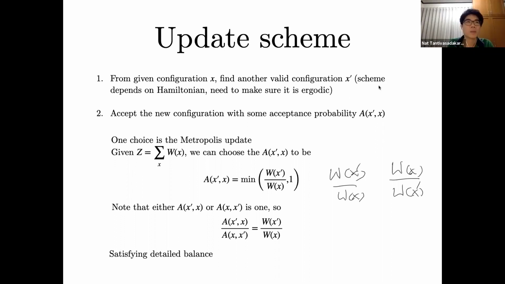Note that there are different algorithms you have to use if you are simulating different systems. For example, if you're doing Heisenberg, then it's another scheme. But to give an example, I'll just focus on transverse field Ising for today.